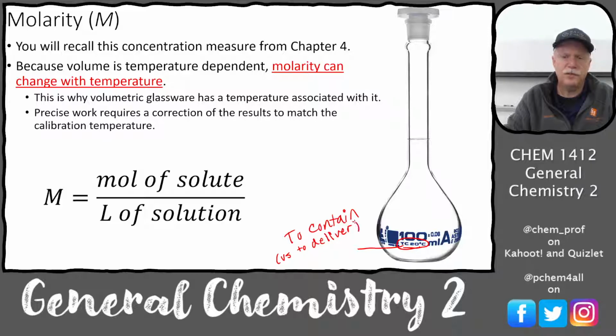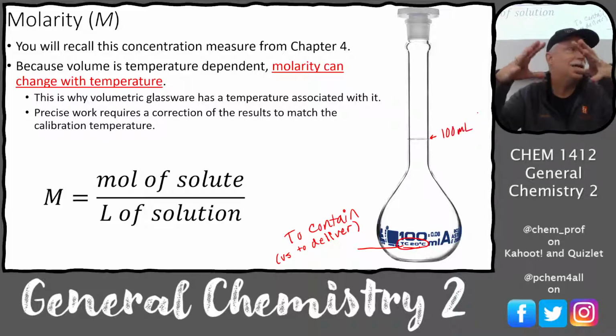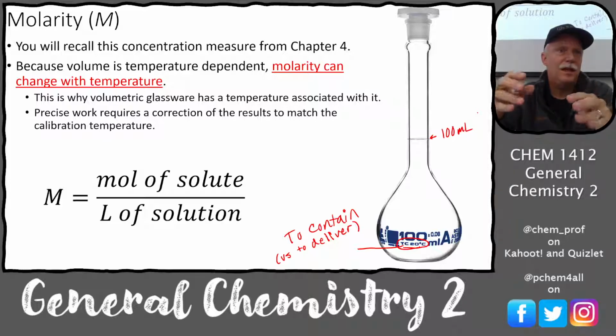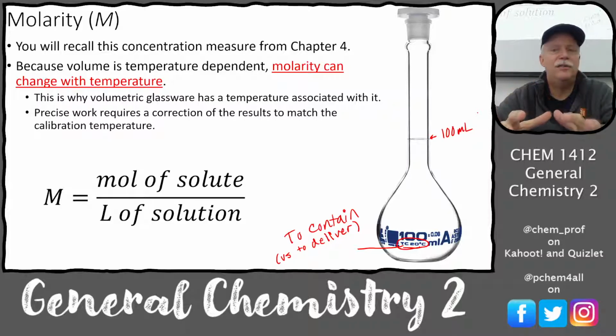What is the difference between to contain versus to deliver? This mark here, when I fill this solution up to that mark, this is 100 milliliters inside the container. But can this container accurately deliver 100 milliliters?